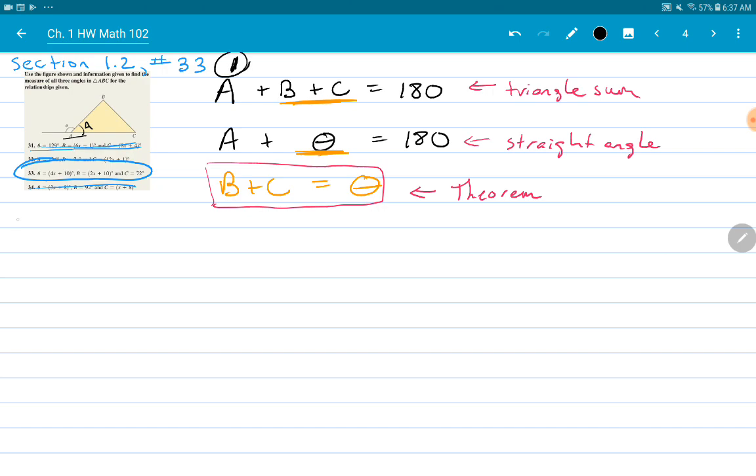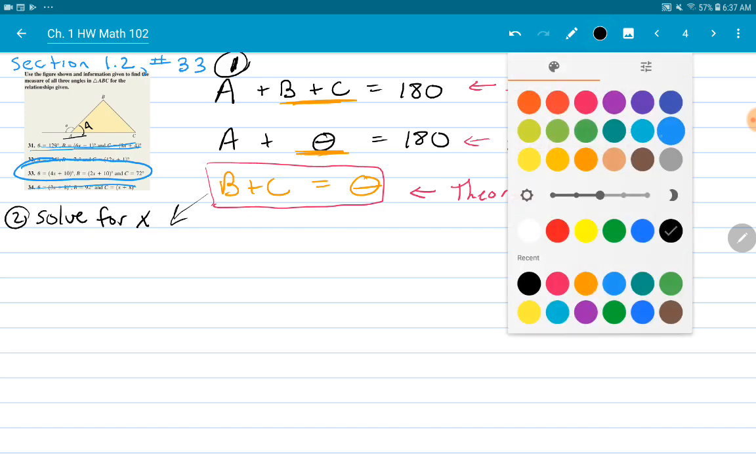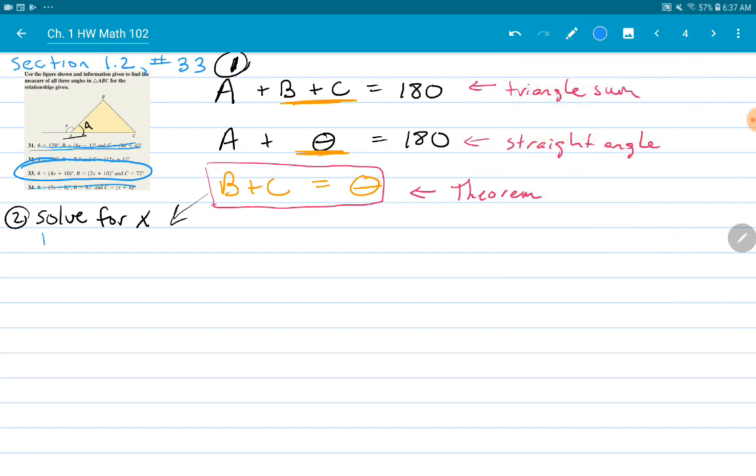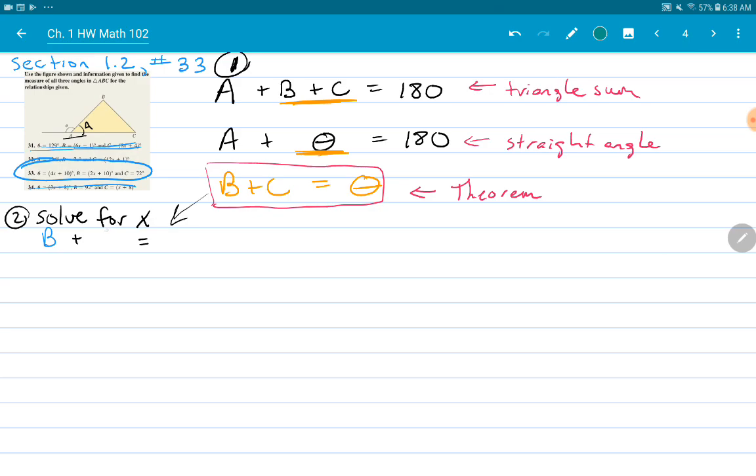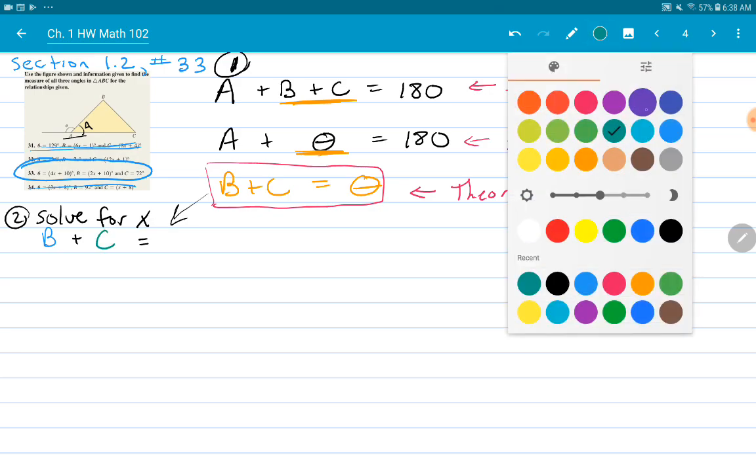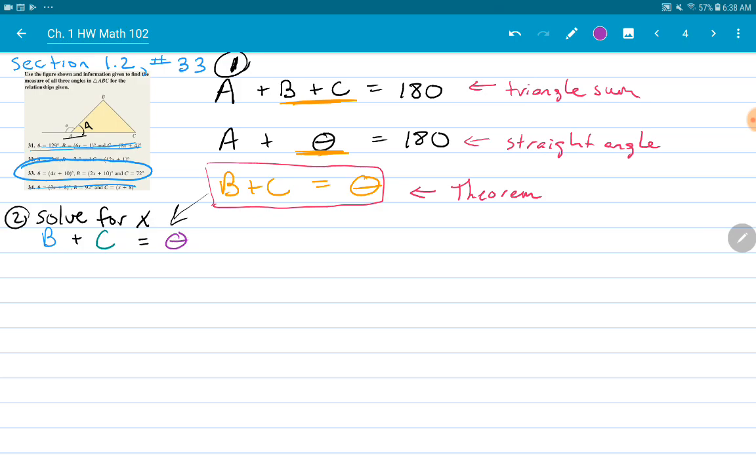Okay, step two would be to solve for x. So I'm going to use that theorem to solve for x. So let's make B blue and let's do green for C and purple for theta.